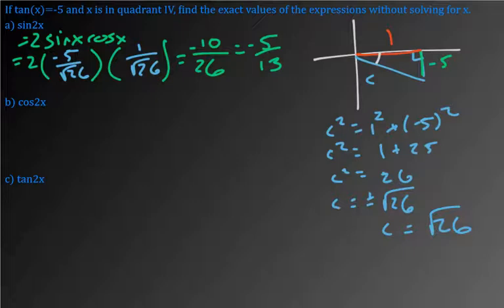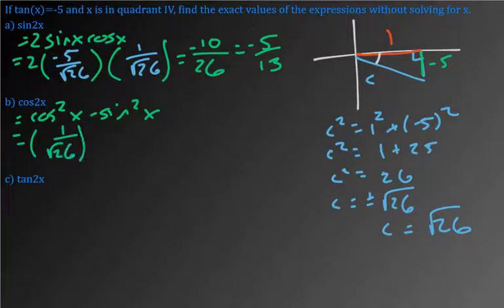For cosine 2x, there are 3 choices of trig identities you could use, but for whatever reason the one I always seem to remember is cosine squared x minus sine squared x. That's just the one that sticks in my brain. Cosine, like I have it up above, is 1 over square root of 26. Sine is -5 over square root of 26, squared.